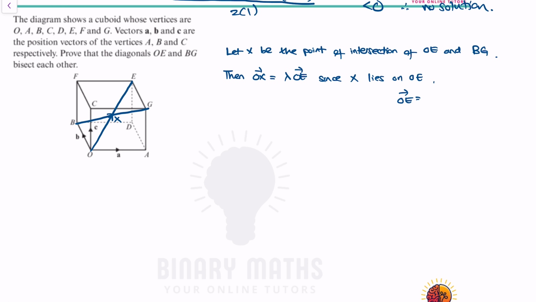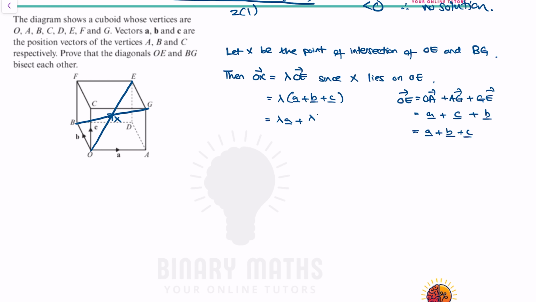OE is the same thing as OA plus AG plus GE, which is equal to a plus c plus b, which is the same thing as a plus b plus c. So I can write OX, which is equal to lambda times OE, is just lambda times a plus b plus c, which if I expand gives me lambda a plus lambda b plus lambda c.